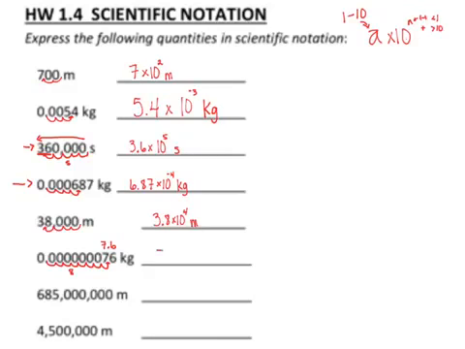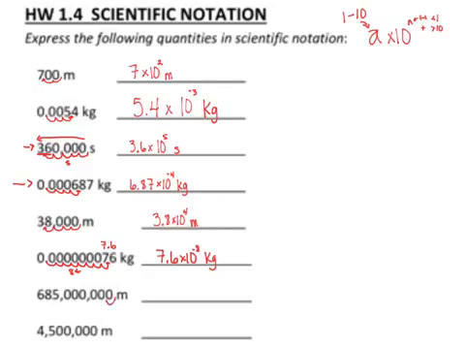I write the number of times I moved my decimal point just to remember, so times 10 to the 8th, and because this is a really small number, actually less than 1, my exponent will be negative. And my unit is kilograms. You can write that negative 8 just to be on the safe side.